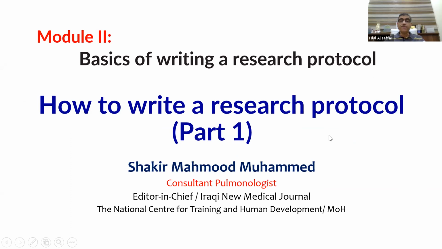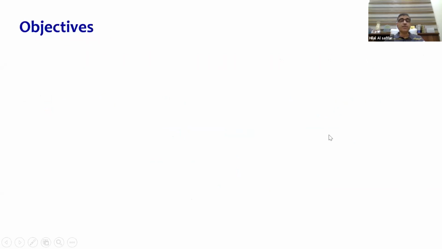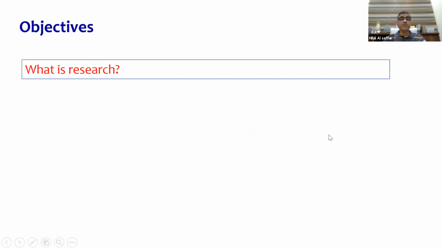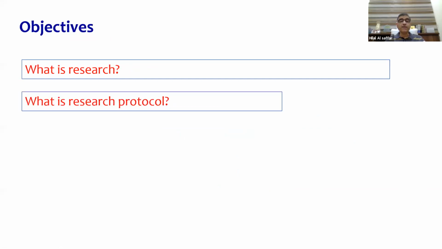The aim of this lecture is to define what research is and then what a research protocol is. Of course, I would like to say something, because a few of the audience cannot speak Arabic very well. They asked me to speak as much as possible in English.